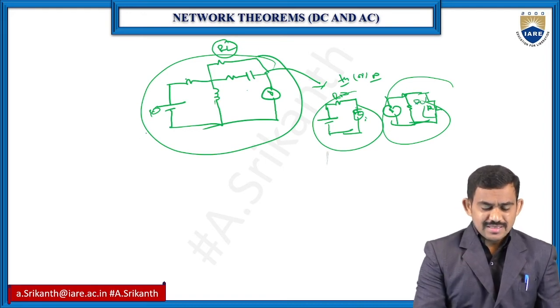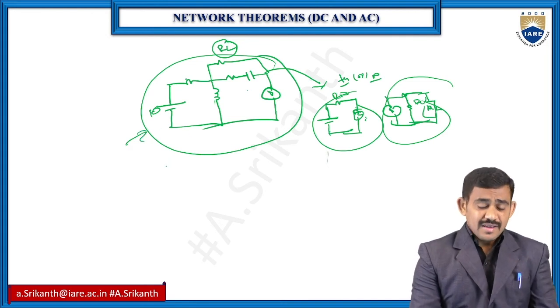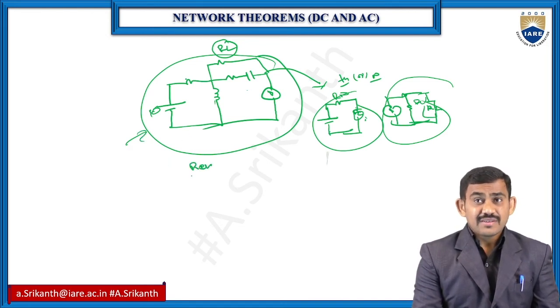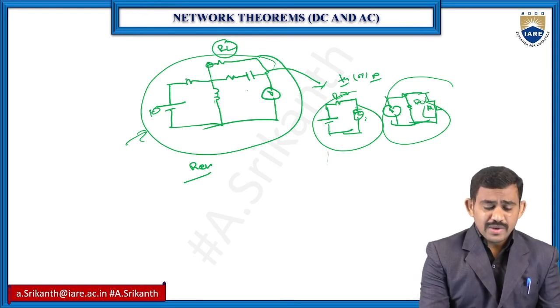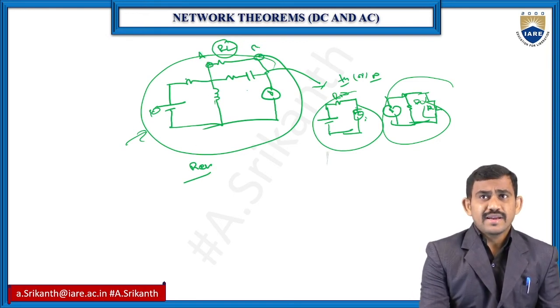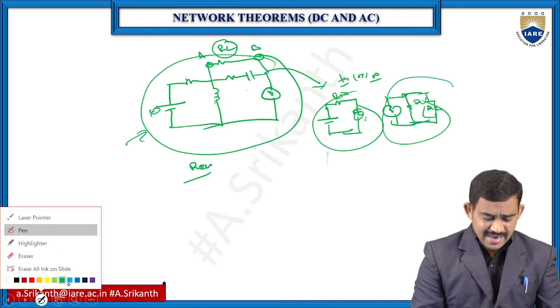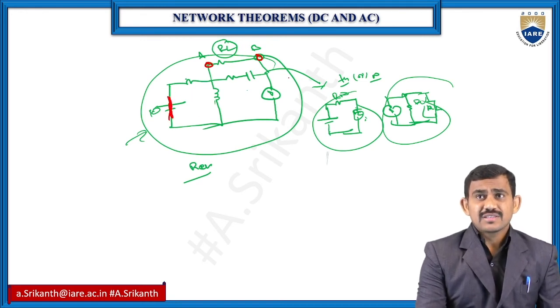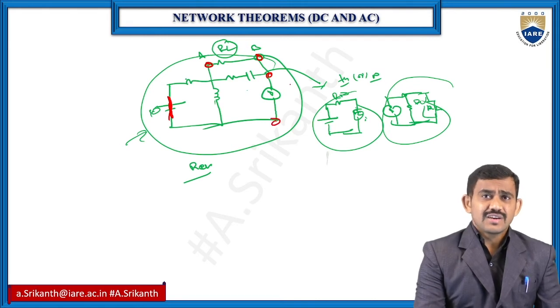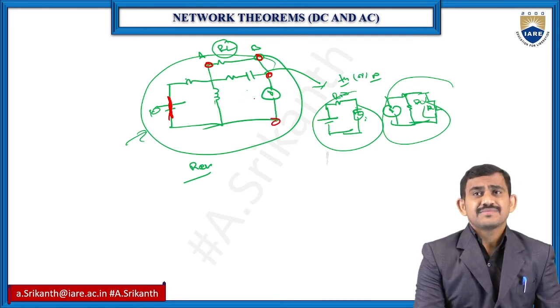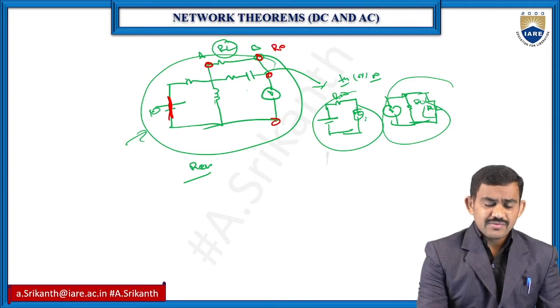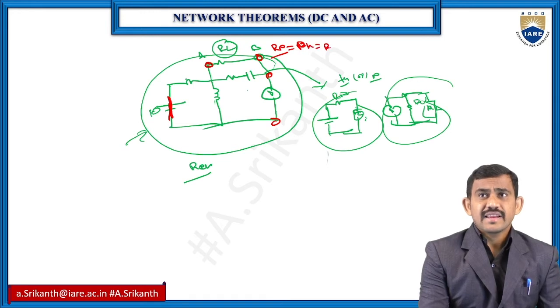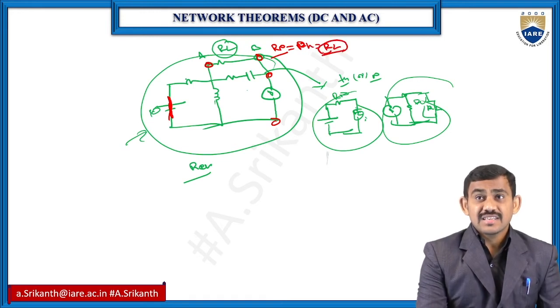For this circuit, you want to find the equivalent resistance when the load resistor is removed, at the AB point. The voltage source is short circuit and the current source is open circuit. Then find out the equivalent value. That is nothing but your RN value, that is your RTH value, which is equal to the RL value.